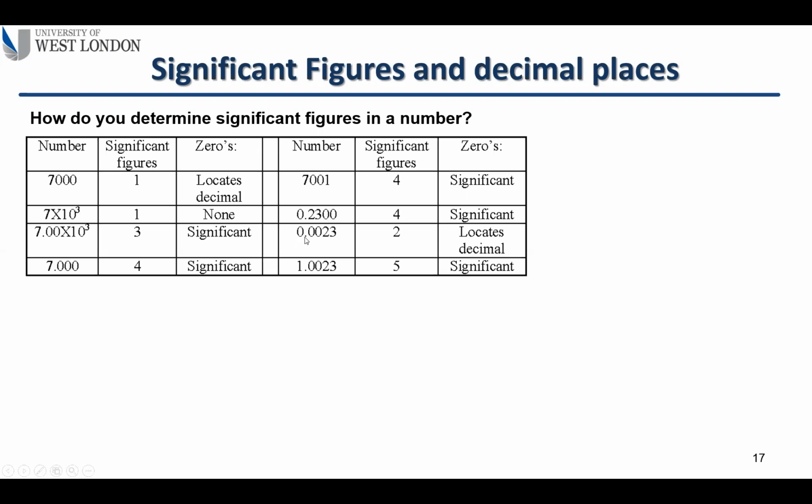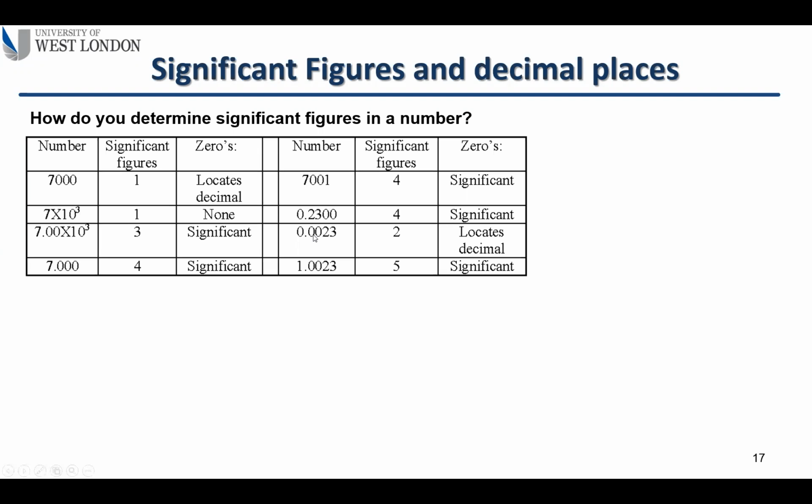In the next one, although we have 4 digits after the decimal place, we can move the decimal separator next to the 2 and write it in scientific form.